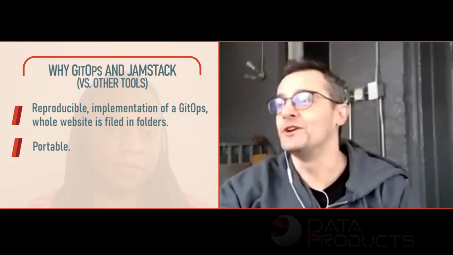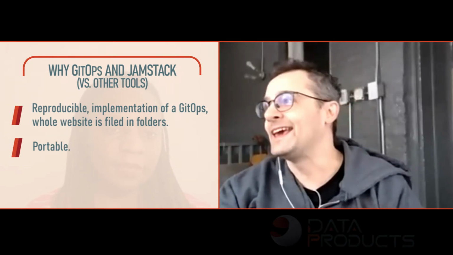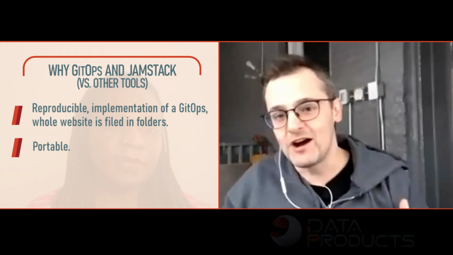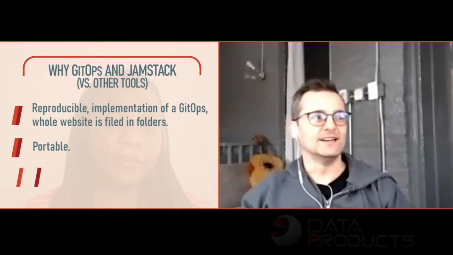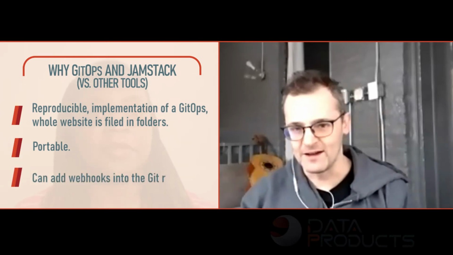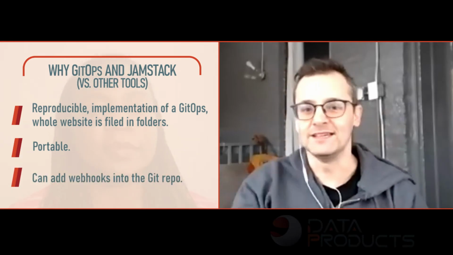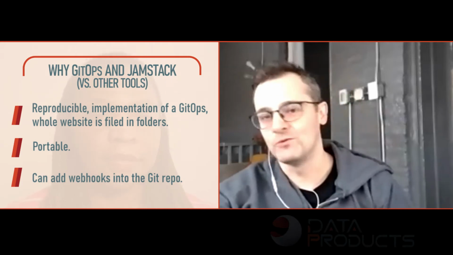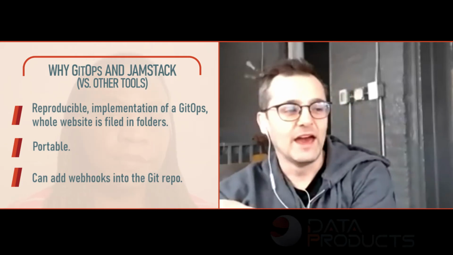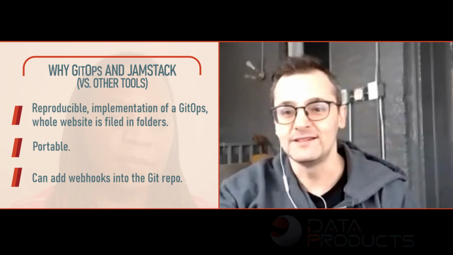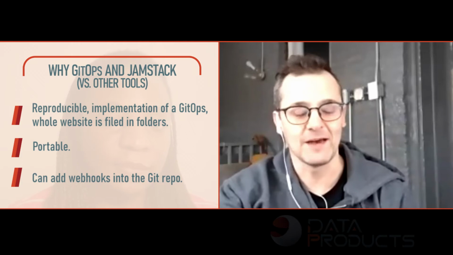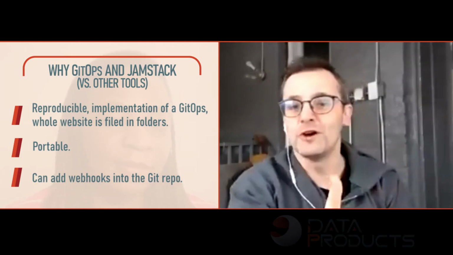For my personal blog, this whole Jamstack idea is put forward by this company Netlify that basically has webhooks. You can put webhooks into your Git repo, and whenever you make a change there, that'll set off a rebuild of the container, it looks like is what's happening in the back, and redeploy your website.